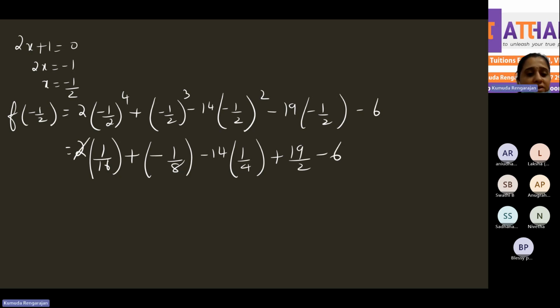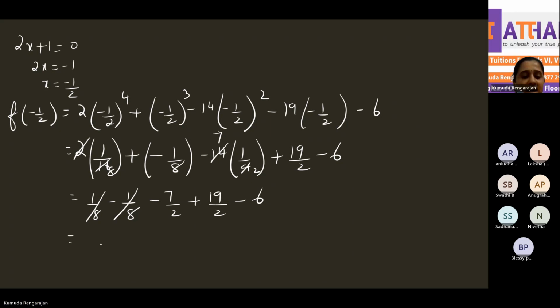So 2 ones are 2, 8s are 1 by 8 minus 1 by 8, and here you can cancel 2 7s are minus 7 by 2 plus 19 by 2 minus 6. Plus 1 by 8 minus 1 by 8 gets cancelled. LCM is 2: minus 7 plus 19 minus 12, which is 0 by 2, 0.